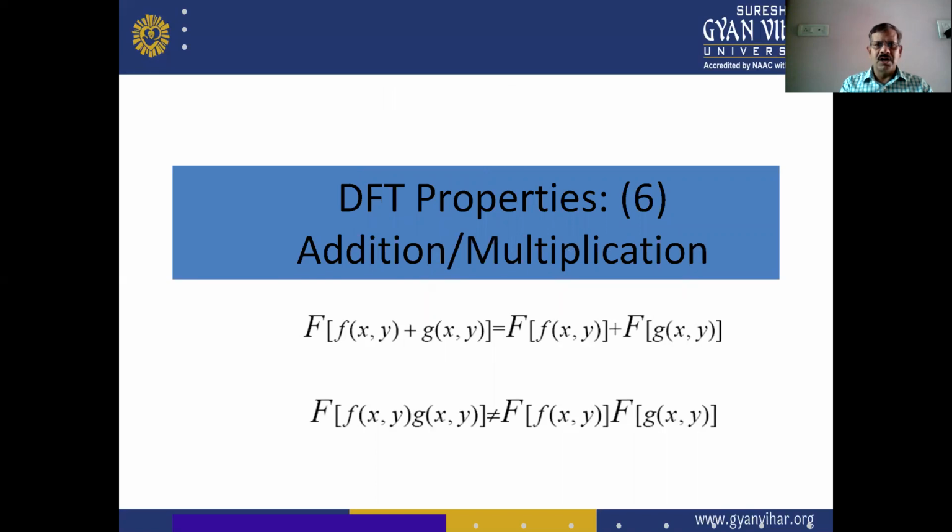The next property of the DFT is addition and multiplication. The Fourier transform of the addition f(x,y) plus g(x,y) equals F plus G, so we can write the addition of the Fourier transforms as property 6, and the second is the multiplication.